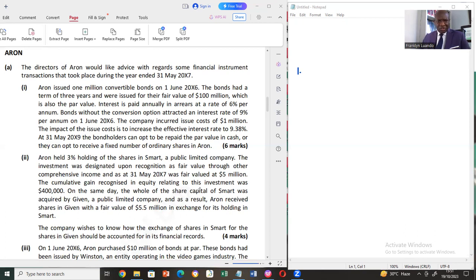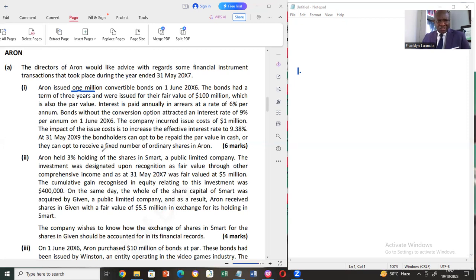The directors of Aaron would like advice with regards to some financial instruments transactions that took place during the year ended 31st May 2007. For today, we are putting emphasis on number 1. Aaron issued 1 million convertible bonds on 1 June 2006.